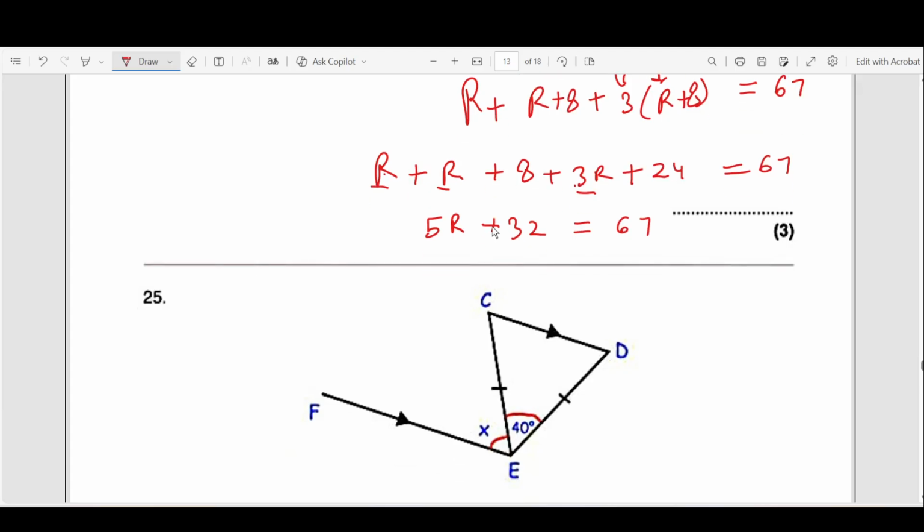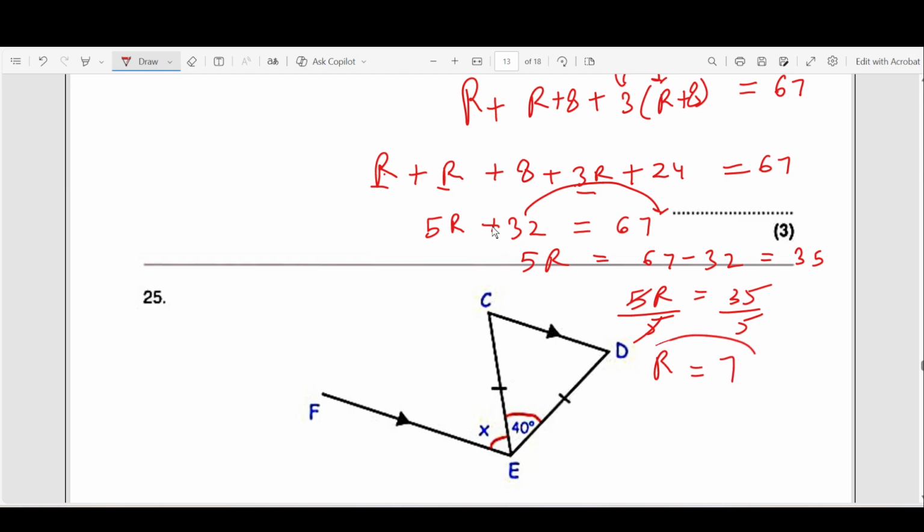We need to find R, right? So we take this 32 to the other side. 5R equals 67 minus 32. If you subtract, I get 35. So 5R equals 35. We divide both sides by 5 so that we can get rid of this 5. We have R equals 35 divided by 5, which is 7.